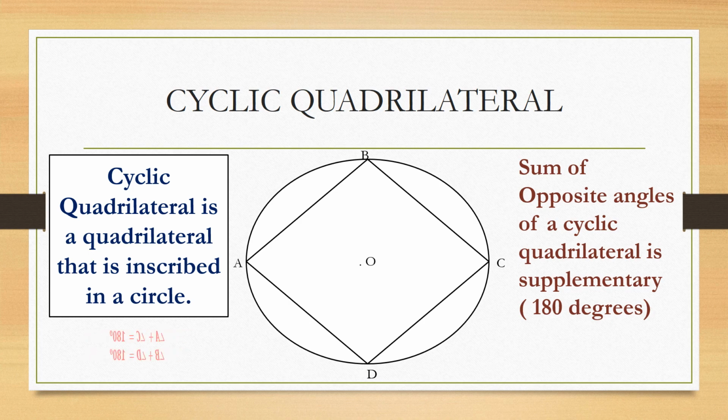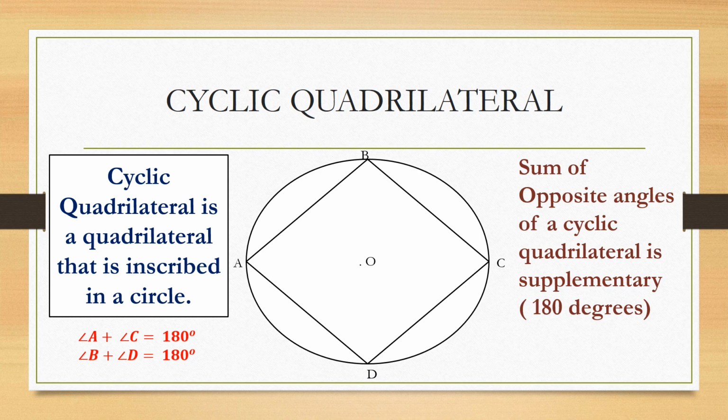So let me explain that. The angle at A is opposite to the angle at C. If I take the sum, it is equal to 180 degrees. And the angle at B is opposite to the angle at D. If I take the sum, it is equal to 180 degrees.